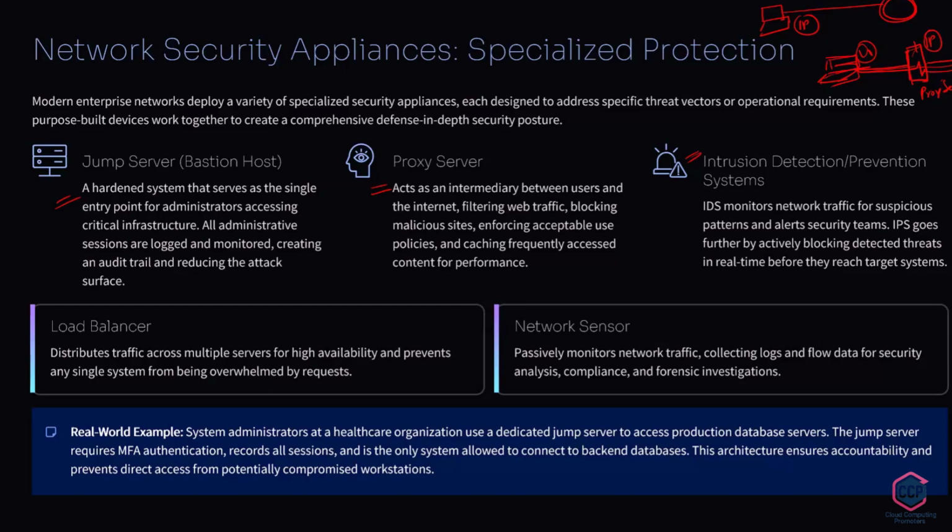A jump server is a hardened system, a single entry point for administrator access only, for critical infrastructure. Only the administrator will have access to that jump server or host, if an attack has happened, in order to get logs or to monitor your endpoint.